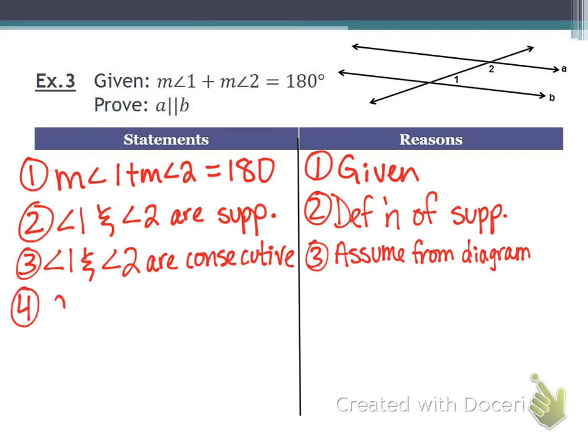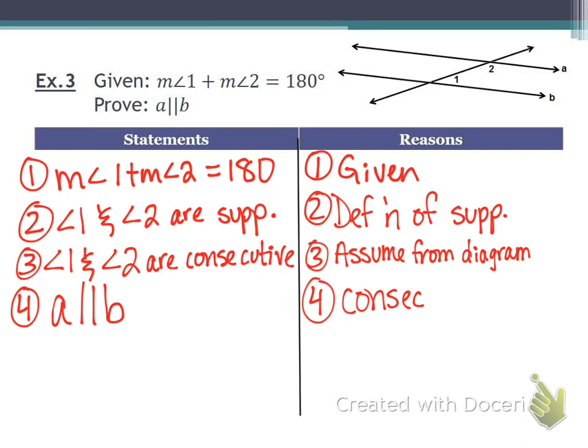So we can say that A is parallel to B. There are a couple ways we could say this. This would be the converse of the consecutive interior angles theorem from yesterday. If you were to just say consecutive angles supplementary, that would be fine for me.